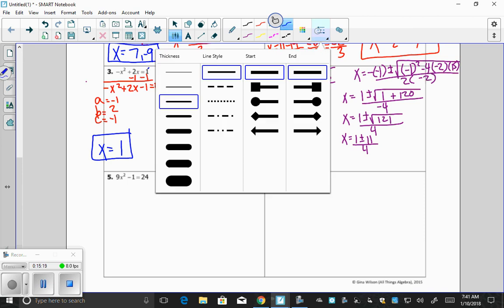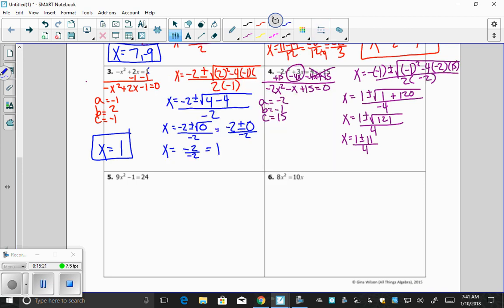When you break that up into your two equations, you're going to get 1 plus 11 over 4 and 1 minus 11 over 4. So 1 plus 11 is 12. 12 divided by 4 is 3. 1 minus 11 is negative 10 over 4.